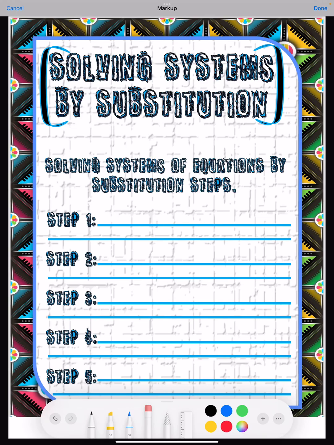So the first thing that we have to do when we're solving by substitution is we've got to solve for one variable in at least one of the equations.